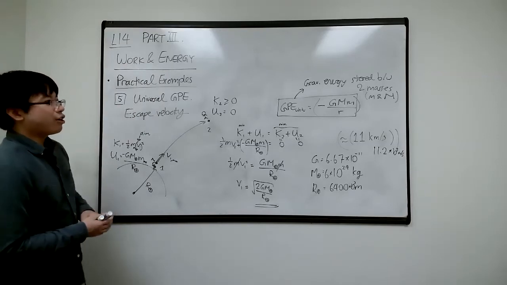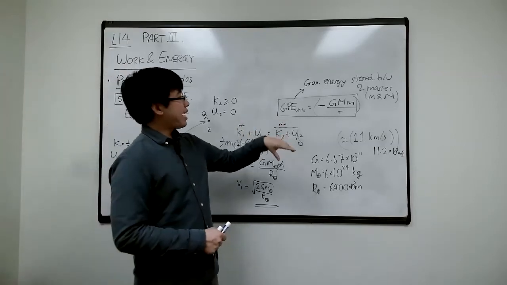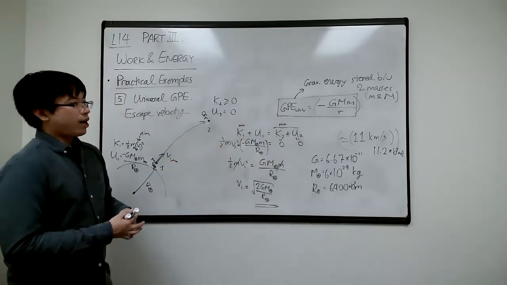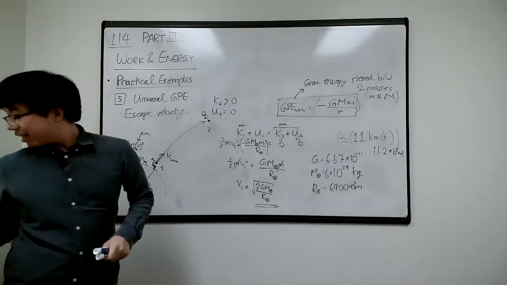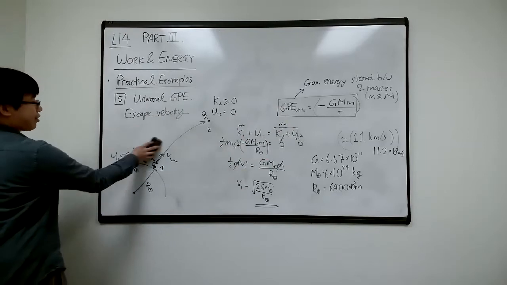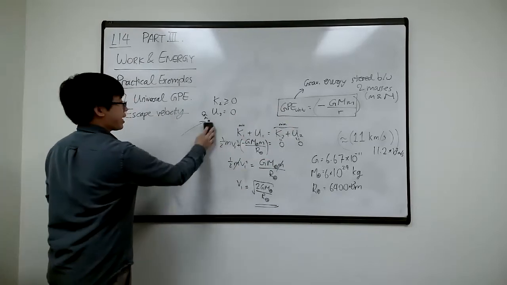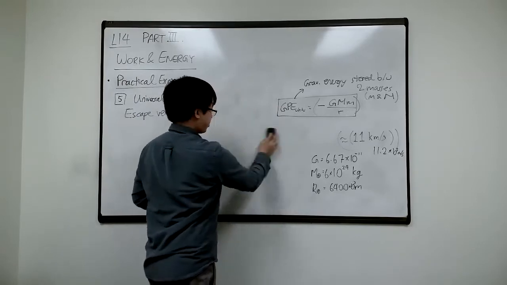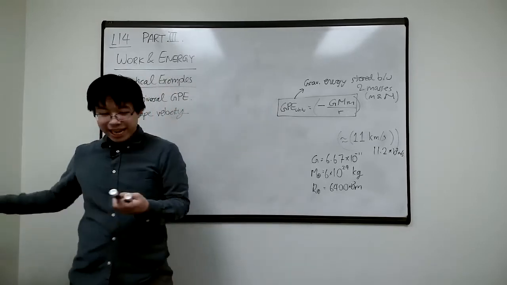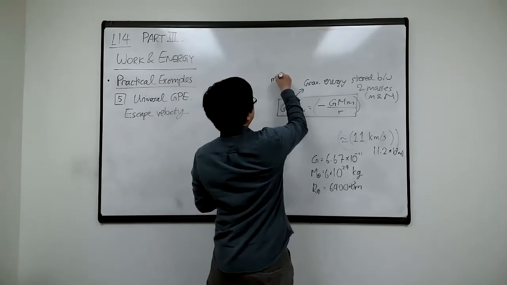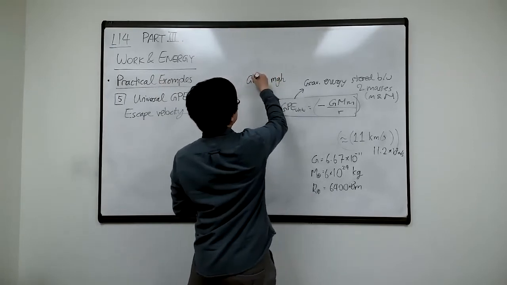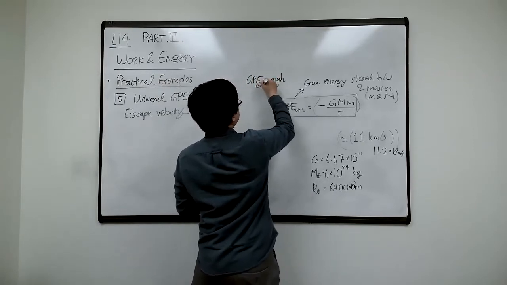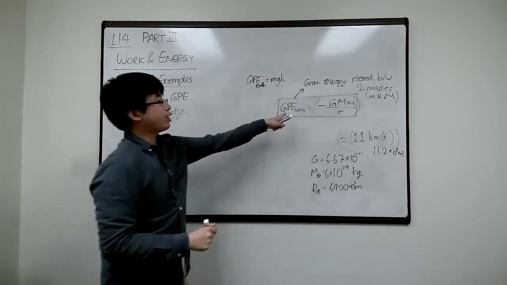Let me explain one more thing: how does this relate to terrestrial gravity? How does this formula relate to the mgh, right? Because mgh should be a special case on Earth. The gravitational potential on Earth should be a special case of the universal one.